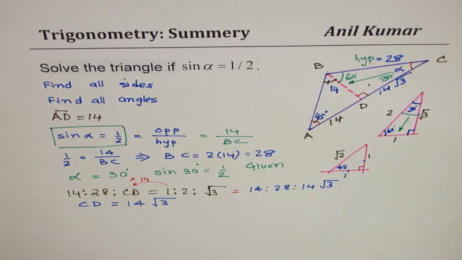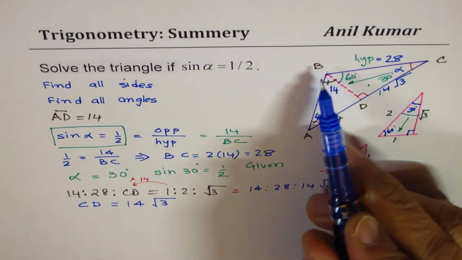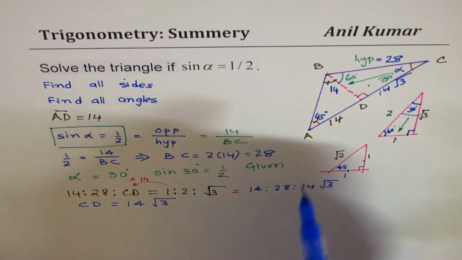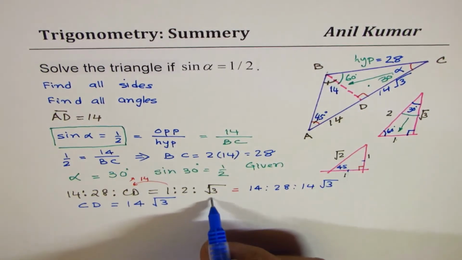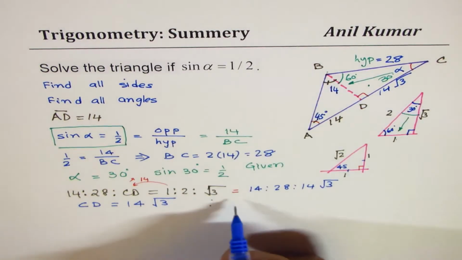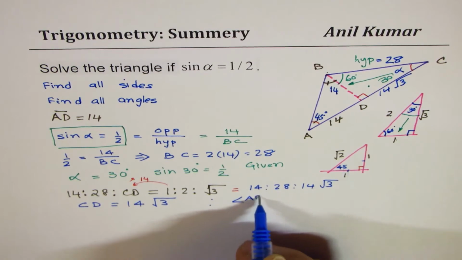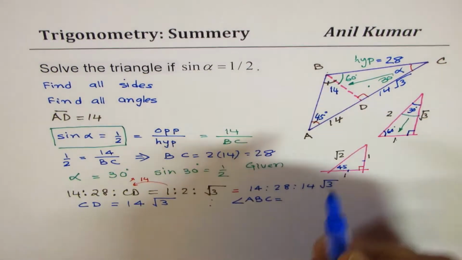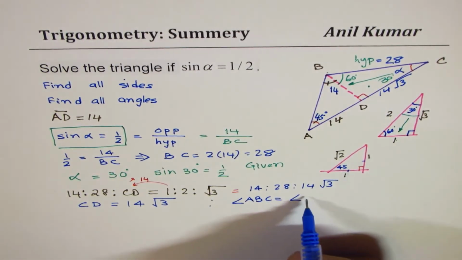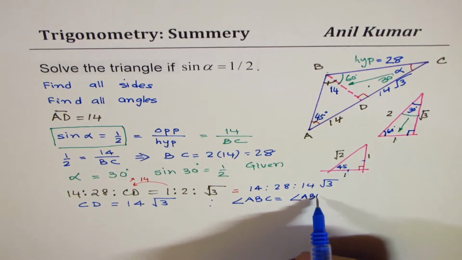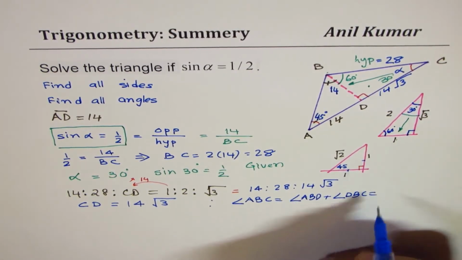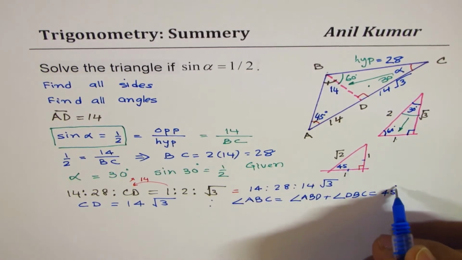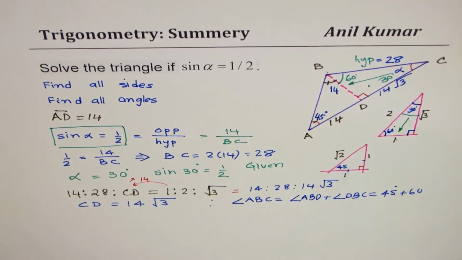Does it make sense? So this is 14 square root 3. So with that, I think we have solved the triangle. We got all the angles, right? Now angle B is 45. So the last thing we could do is find angle B, that is angle ABC, which is angle ABD plus angle DBC, which is 45 degrees plus 60 degrees.